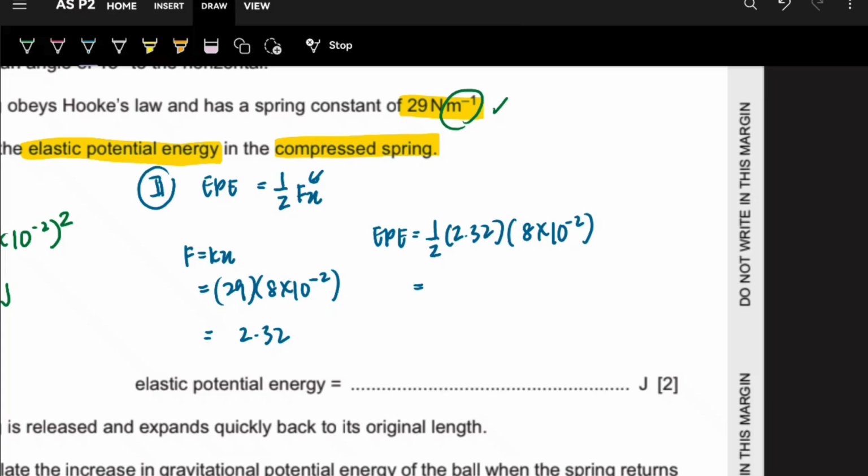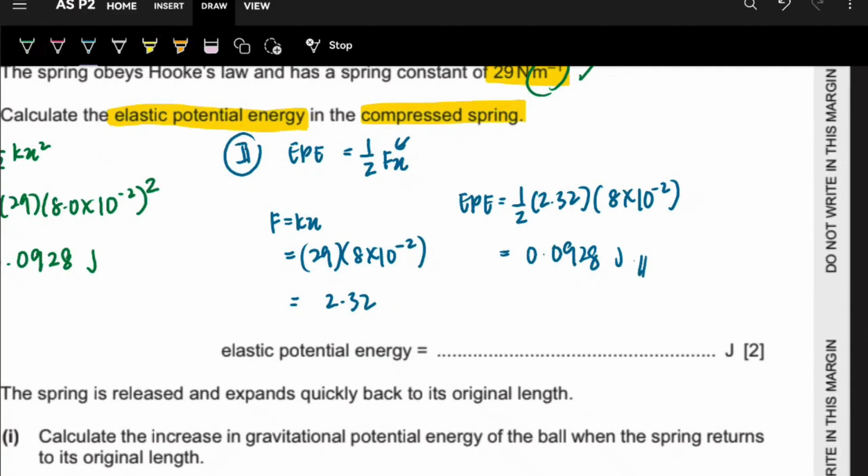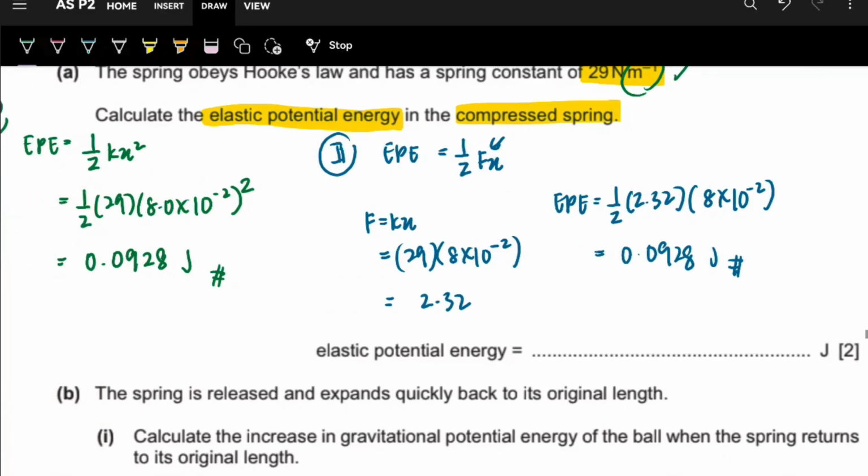because you don't want to lose any marks. And you will get the exact same answer, 0.0928 joules. It's the same answer, just 2 different ways of doing it. You see which one you prefer.